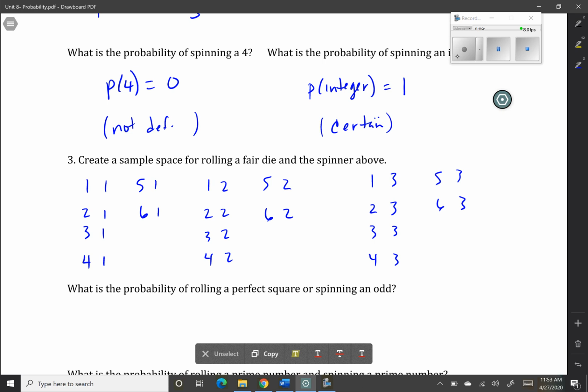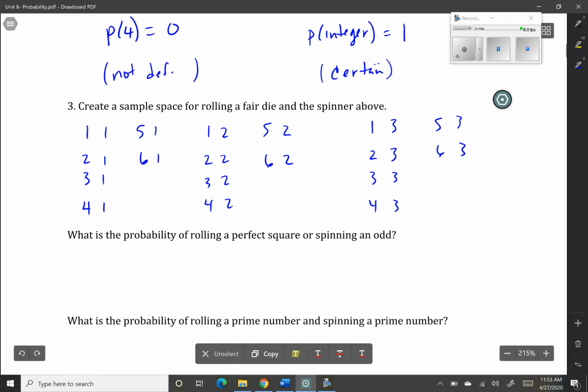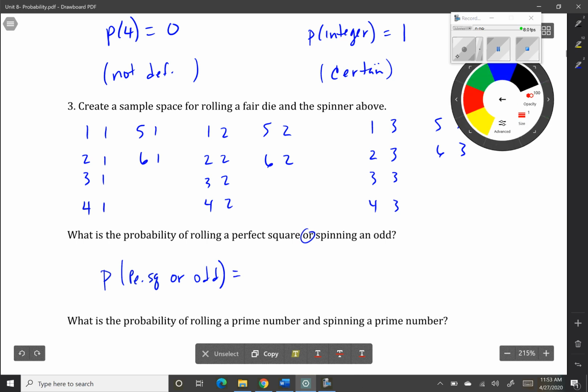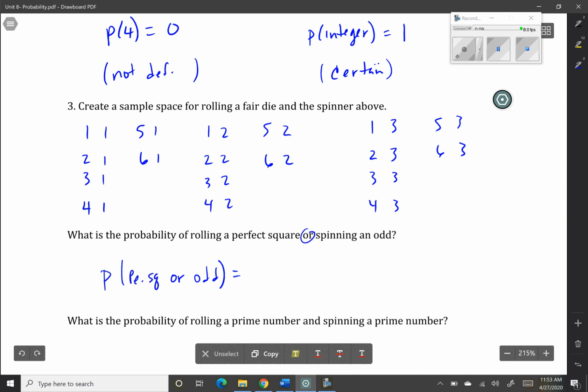So it says, what's the probability of rolling a perfect square on the die and or spinning an odd? So one or the other are happening. So the probability of a perfect square or an odd number. I'll circle everything that satisfies one or the other condition here in red. Perfect squares are 1 and 4.